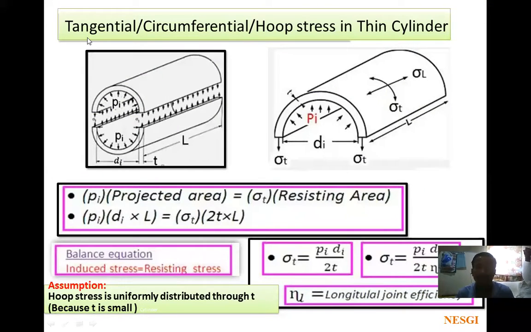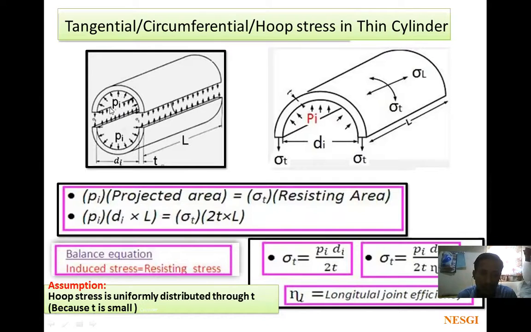Next is tangential, circumferential or hoop stress in thin cylinders. We shall see in detail about the different types of stresses and their equations. Here you can see the cross section of the cylinder, where the inside pressure and tangential stress are shown.